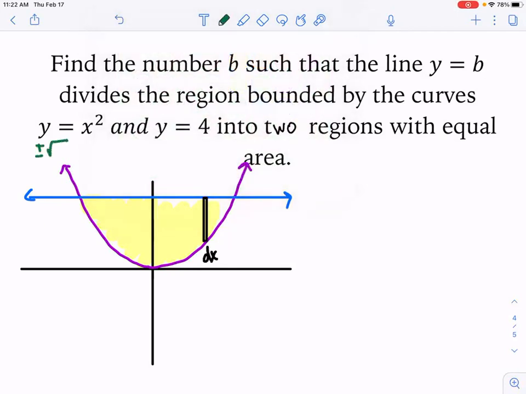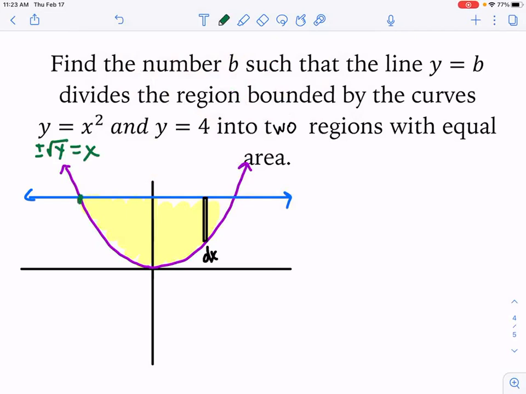Plus or minus the square root of y equals x? Could it be right minus left? We're gonna get there. We're gonna get there. Okay.